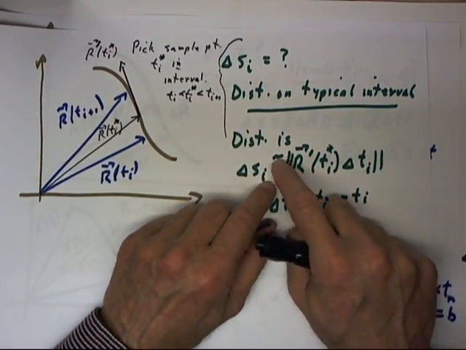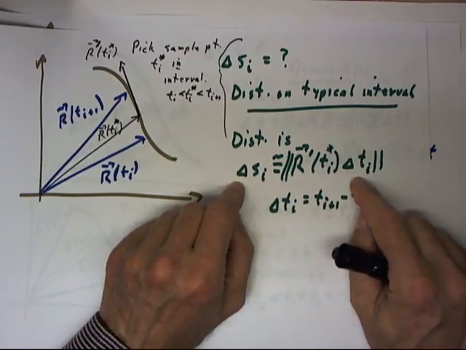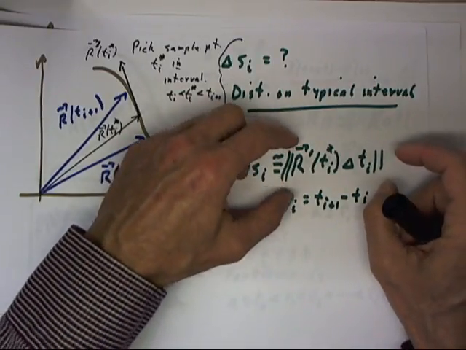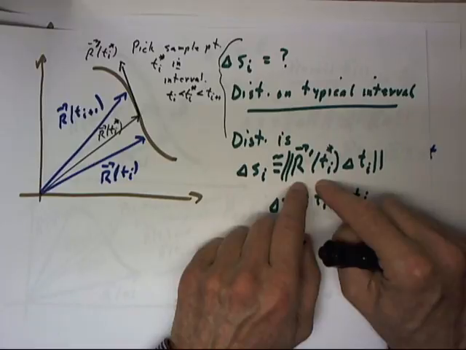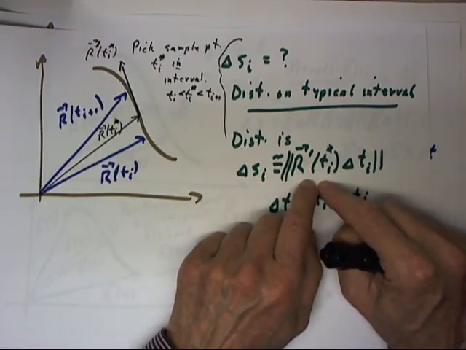Therefore, we call this an approximate equality. As delta t sub i approaches 0, this r prime vector is not going to have much room to vary. It's not going to be able to vary by a whole lot, so that this approximate equality becomes an equality.